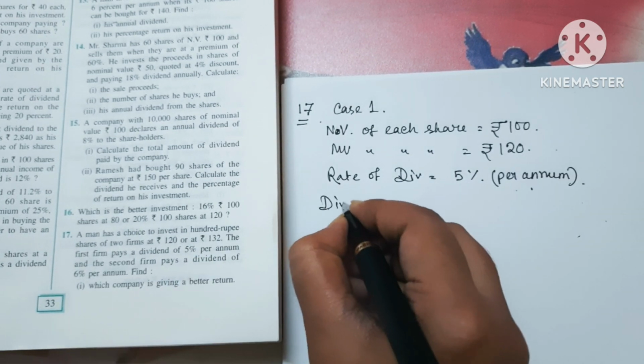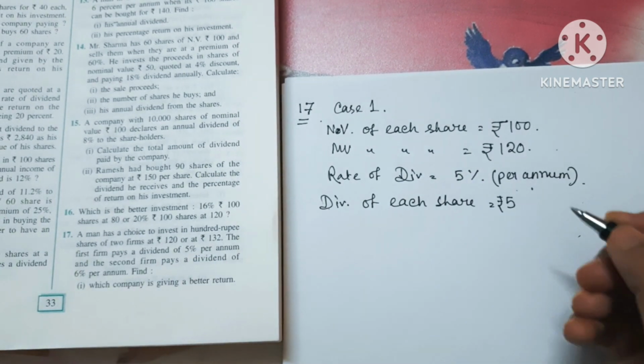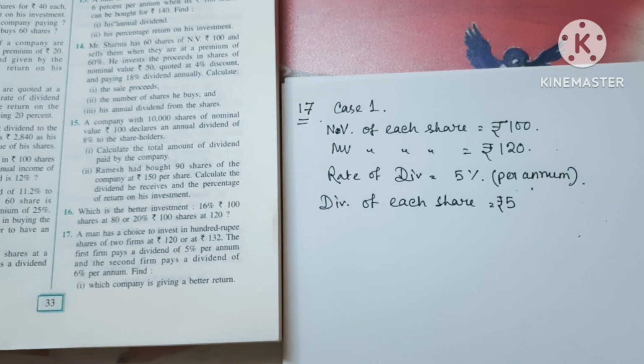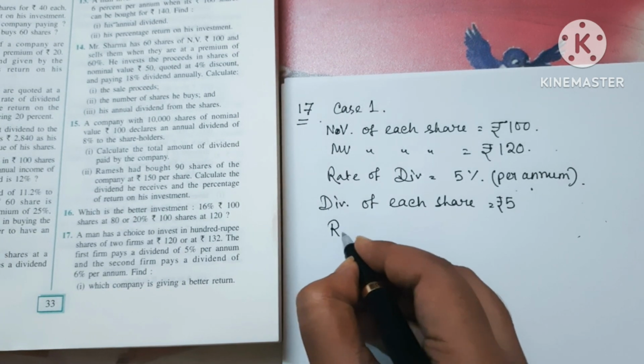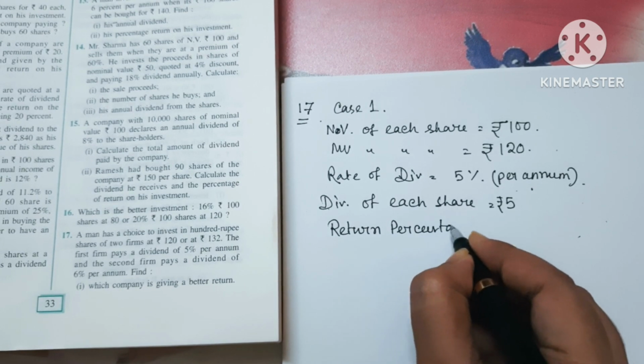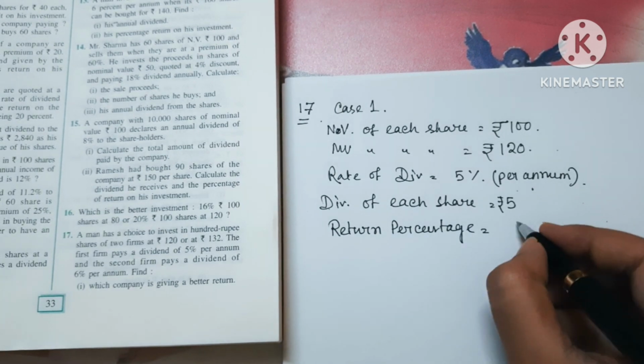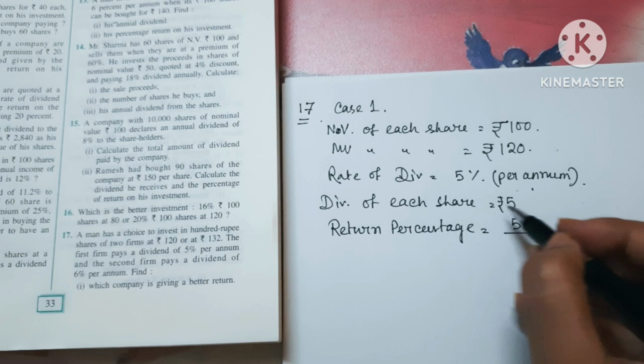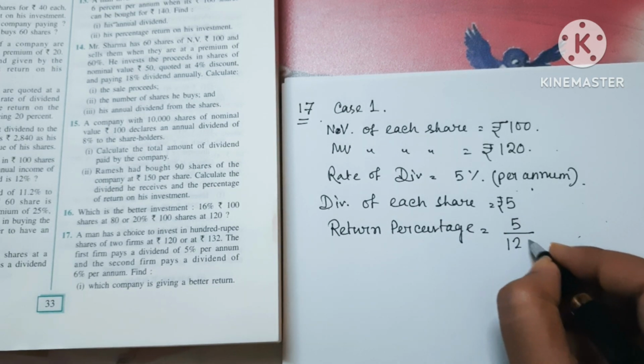So dividend of each is rupees 5. So return percentage is 5 by, see, dividend by market value into 100.